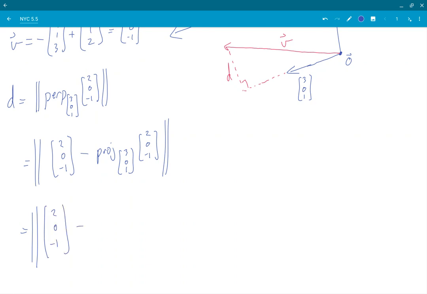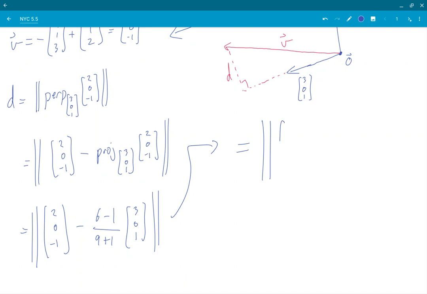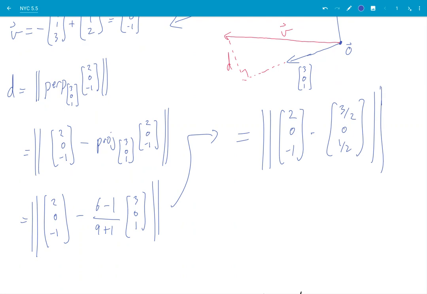So now I'm just calculating. The dot product gives me 6 minus 1 over 9 plus 1 in the direction of 3, 0, 1. Hope I don't make a mistake. So I get 5 over 10, a half, times 3, 0, 1. That's 2, 0, negative 1 minus 3 over 2, 0, 1 over 2. Let's double check. 5 over 10 is a half. Yes.